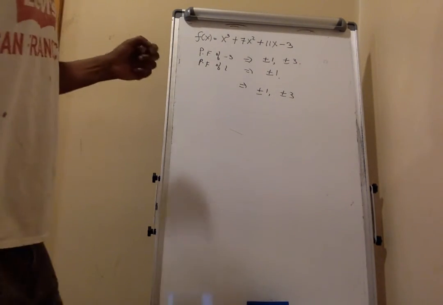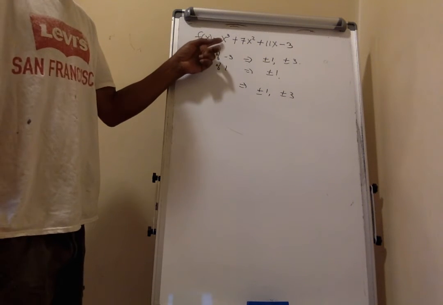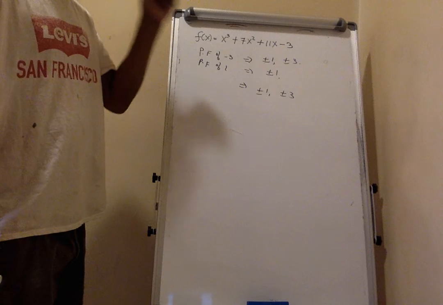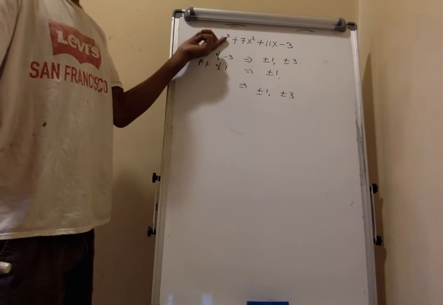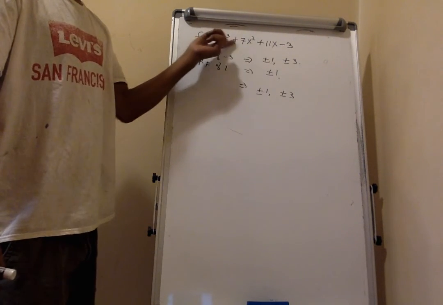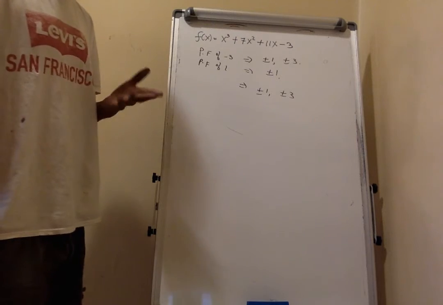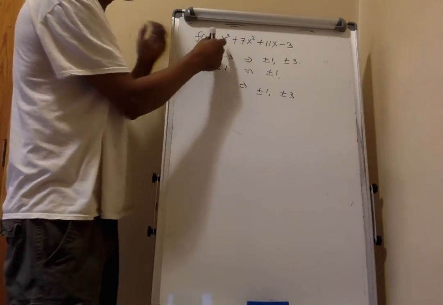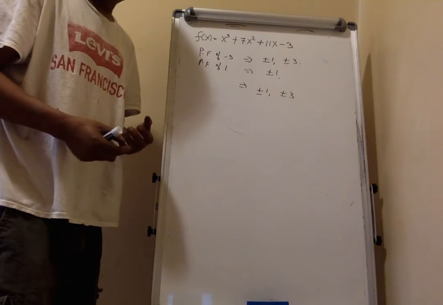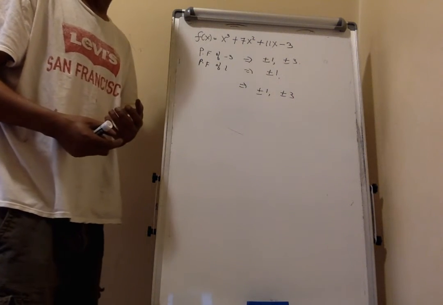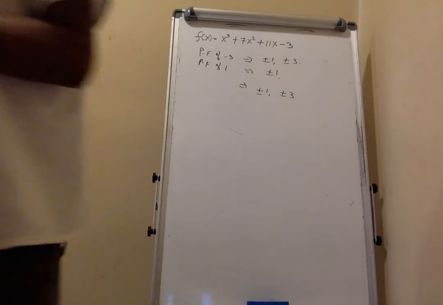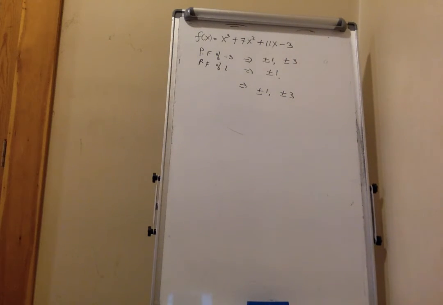And mind you, it is difficult to find the zeros of x to the third plus 7x squared because I can do grouping, but you're going to get stuck. Good luck. You can try that. So I have to reduce this polynomial into a quadratic function, meaning x to the third degree. Okay? So this is the best way to find that.